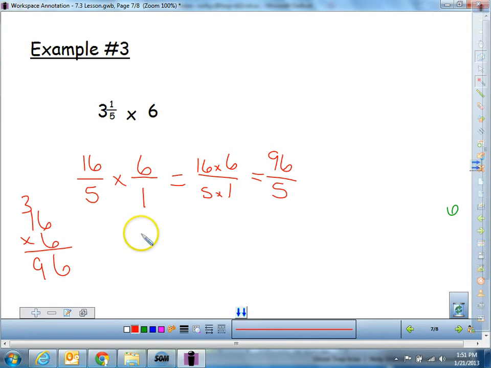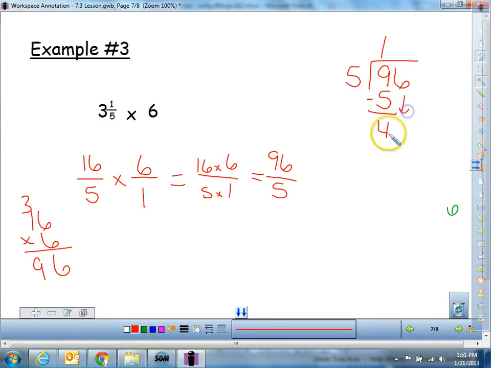So now I got to figure out how many times does 5 go into 96 without going over. I'm not sure on that either, so I'm going to go ahead and do this. 96 divided by 5. I know 5 can go into 9 one time. 1 times 5 is 5. 9 minus 5 is 4.